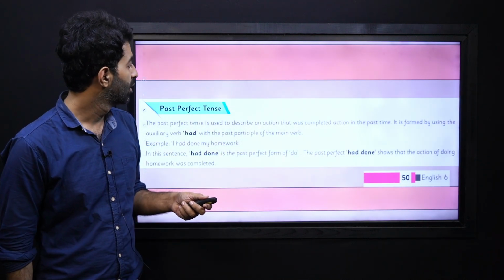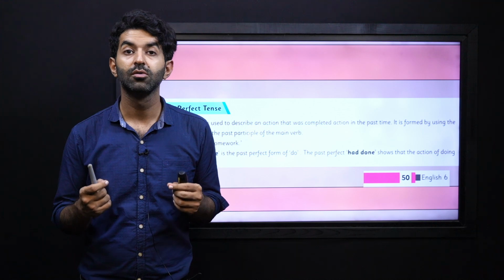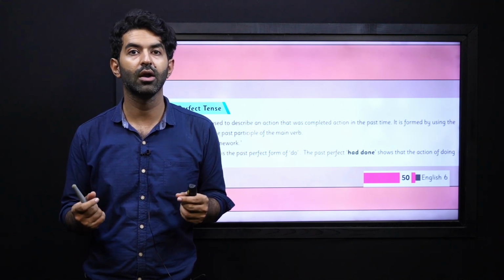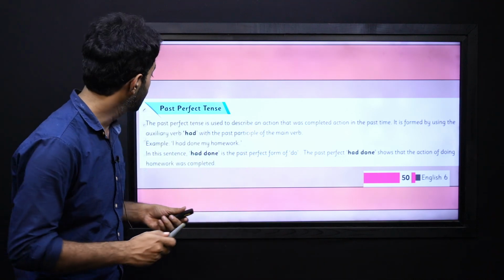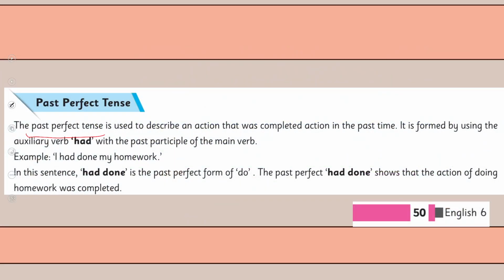Now, let's talk about the past perfect tense. Why do we call it past perfect? Because the action has completed in the past. The past perfect tense is used to describe an action that was completed in the past time. It is formed by using the auxiliary verb had.